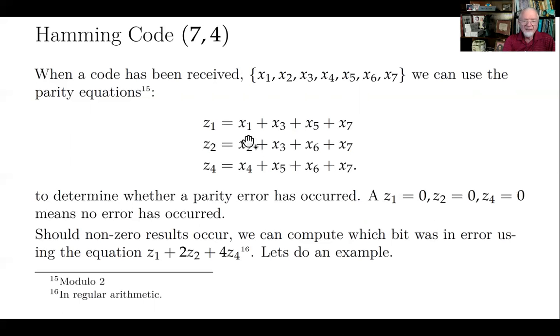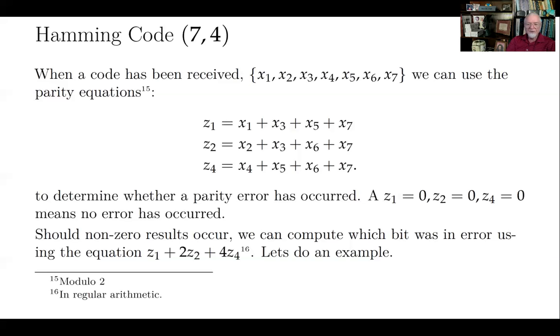We have x1 plus x3 plus x5 plus x7 gives z1. x2 plus x3 plus x6 plus x7, again, these are all modulo 2, gives you z2. And x4 plus x5 plus x6 plus x7 gives you z4. These are all modulo 2, I will put the little 2s on after we're done.